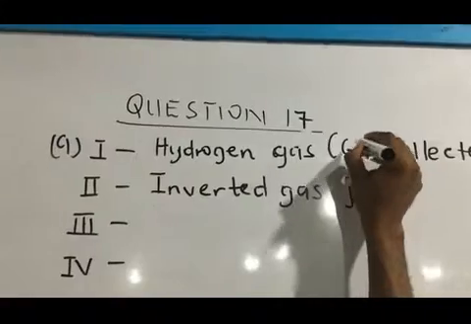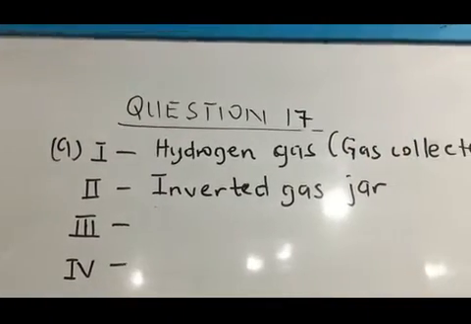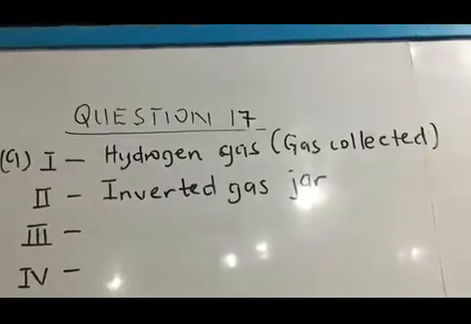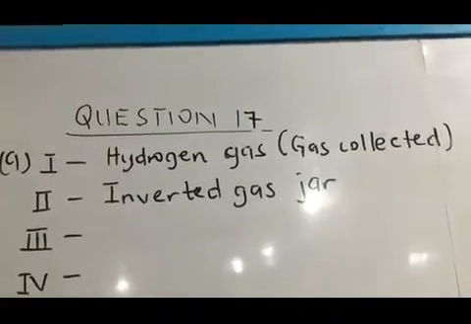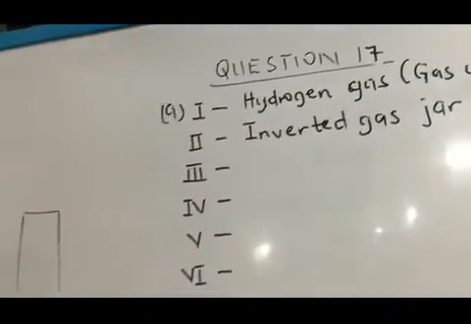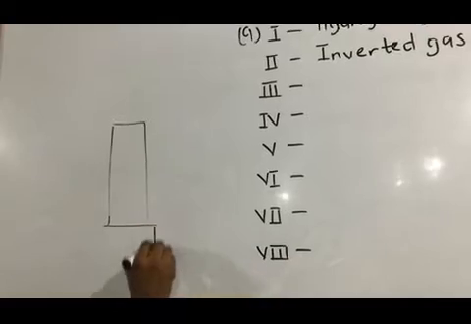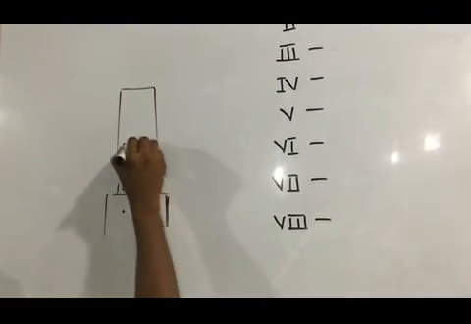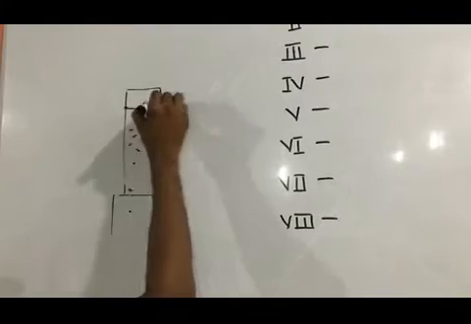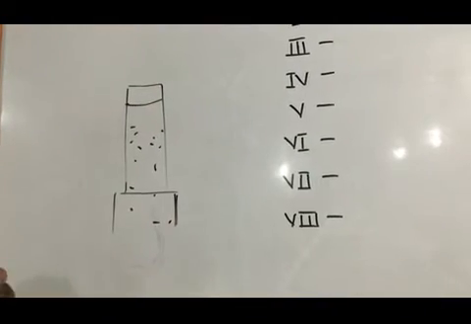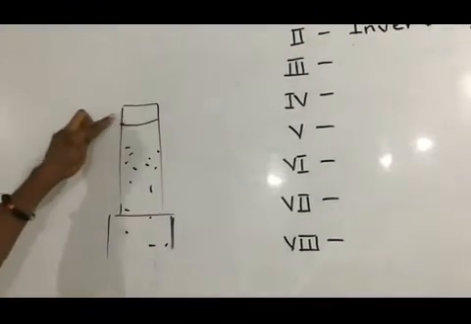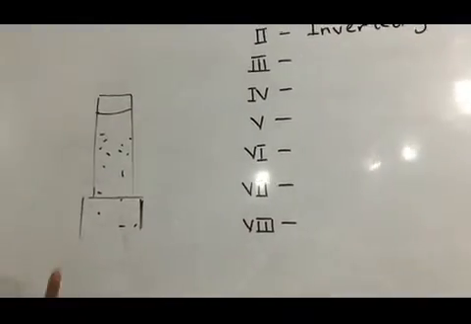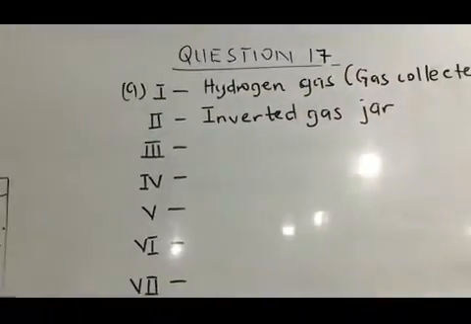Okay. So anytime there is a diagram showing collection over water, I told you whenever you have the inverted gas jar on the beehive shelf, after the water, if you see the water, whatever is collected on top is the gas that is being prepared. So that's the gas collected. But in this case, specifically, the gas that is being produced is hydrogen gas. So that's why I've written hydrogen gas.